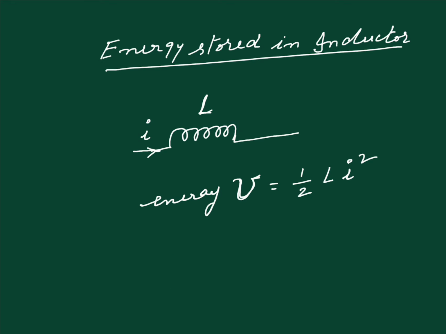So the energy stored in an inductor is half L i square. This energy is in the form of magnetic field. So when current is passing through a solenoid, it produces a magnetic field. The energy is stored in the form of magnetic field.